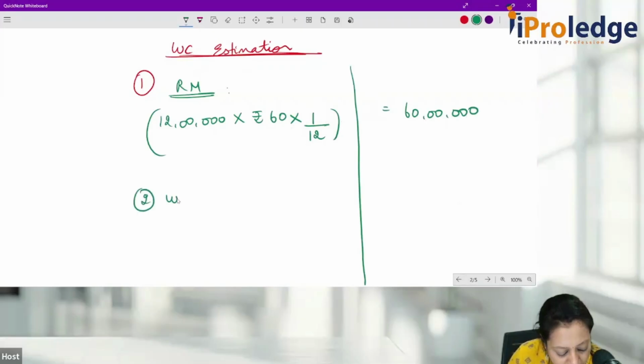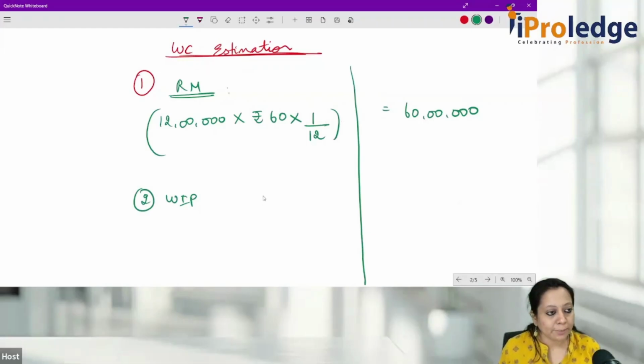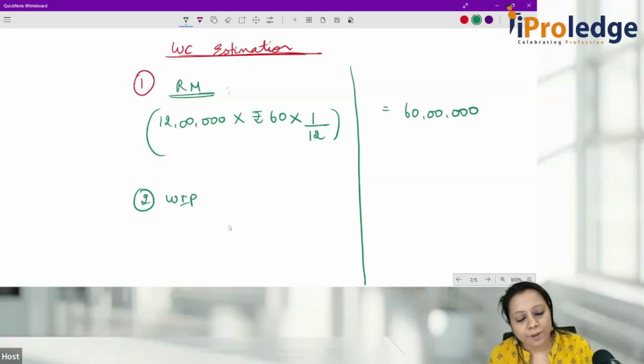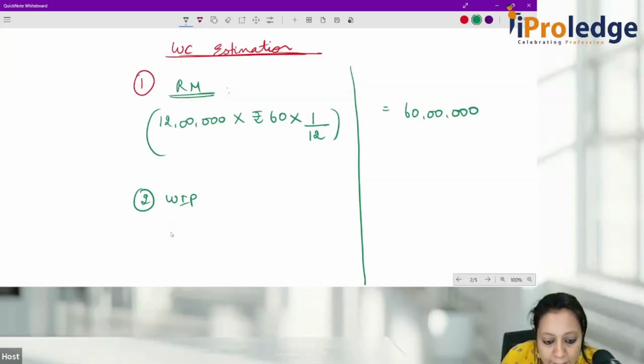Okay. Then we will do WIP. For WIP, the full RM is needed. So we will take 100% of RM. For wages or labor and overheads, we will take only 50 percentage. So we will take material, labor and overheads separately. Material is going to be how much? We all know that it is going to be 60 rupees.